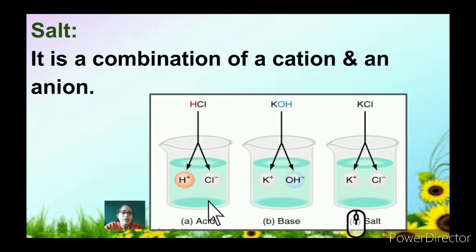These elements take the electrons given by other metals. Usually these are non-metals which take the electrons. When they take the electrons, they are not going to give up protons. Protons are already present in the nucleus, and they are going to gain more electrons.